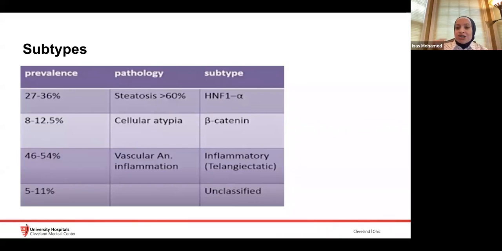The lesions that retain the contrast and appear hyperintense on the delayed hepatobiliary phase are, number one, focal nodular hyperplasia.